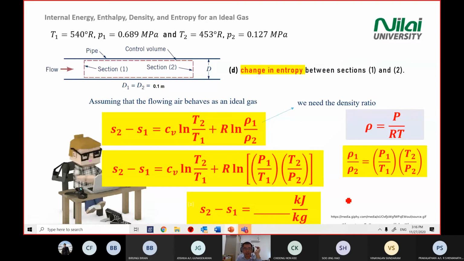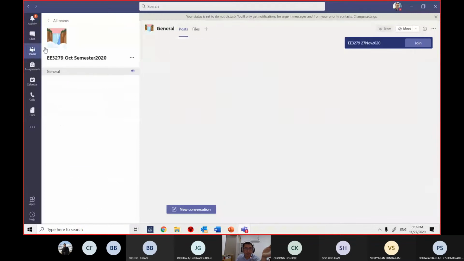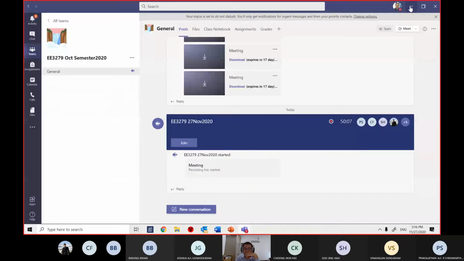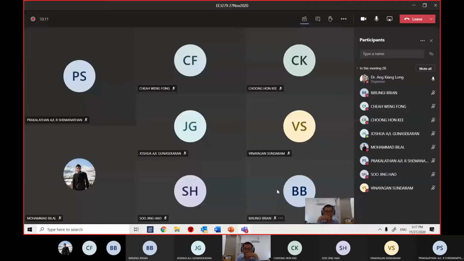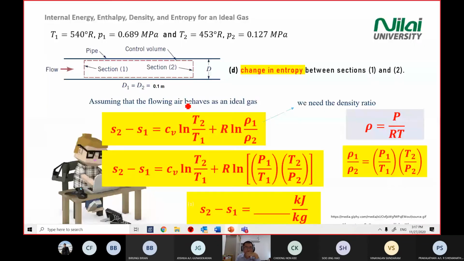Okay, so I think we are done with this question, with this tutorial. Anyone want to ask me a question? Any parts that you lost? Anyone want to ask about this part, about this equation, about question 11? This is quite straightforward, and this one is for straight pipe.